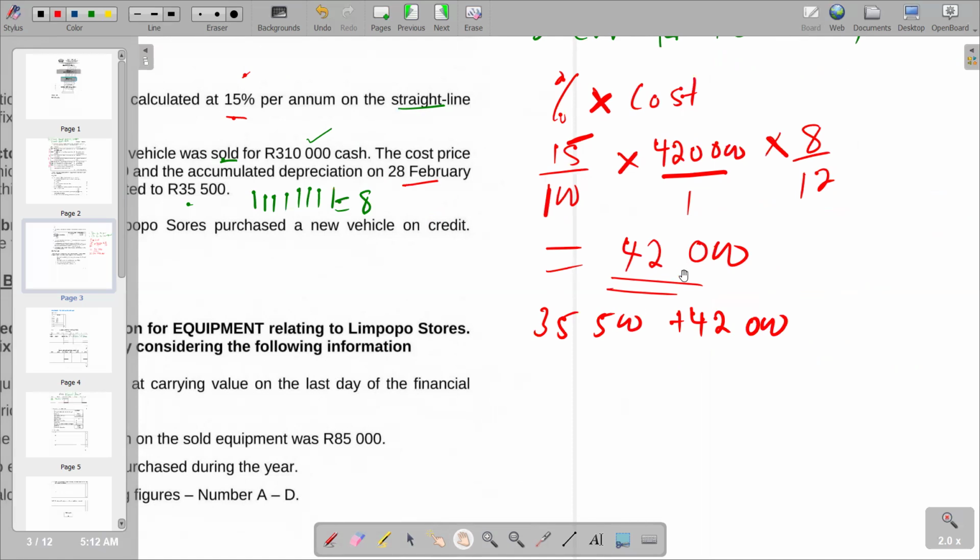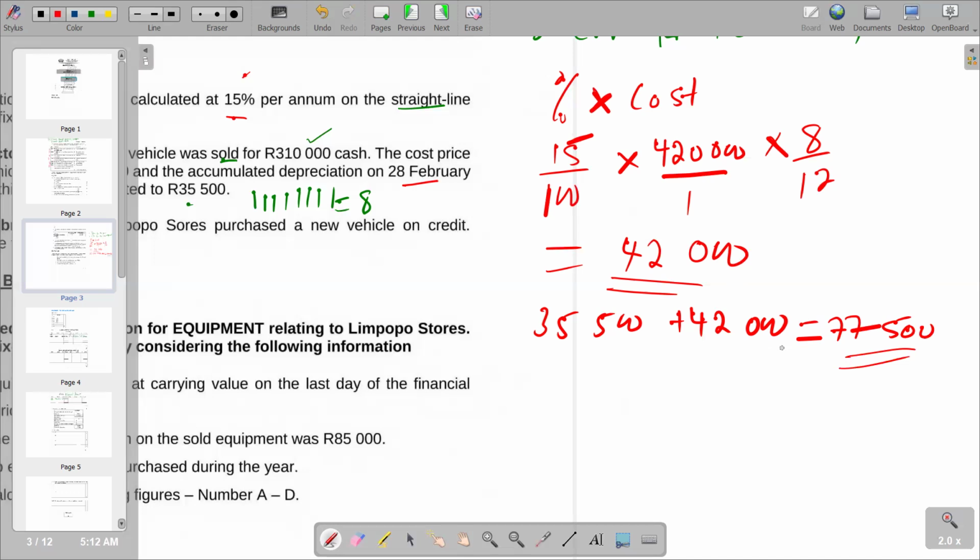So you are going to get 77,500. If you calculate it correctly, you get 77,500. So this is now the accumulated depreciation of the vehicle disposed.